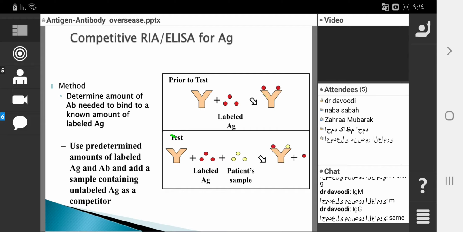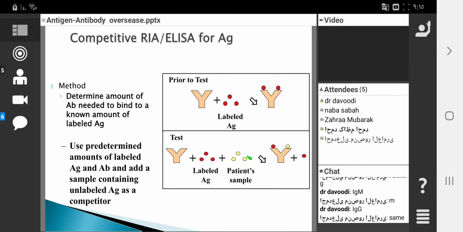And then in the test, we want to know whether there is antigen in the patient sample. We want to determine the presence of antigen in the patient sample. So in this reaction, we have antibody specific for this antigen, and also labeled antigen which is labeled by radioactivity, and also the patient sample together.